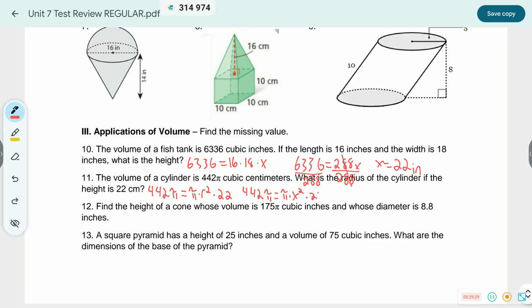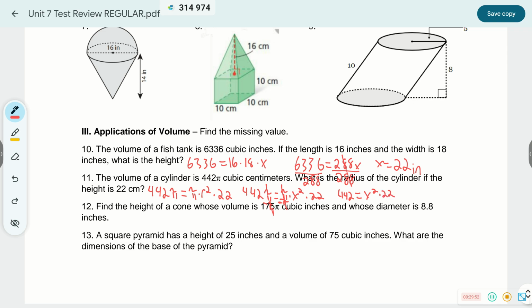We can cancel these pi's. If we wanted to get rid of this pi, we divide by pi. That cancels. Okay. So now our equation is 442 equals x squared times 22.